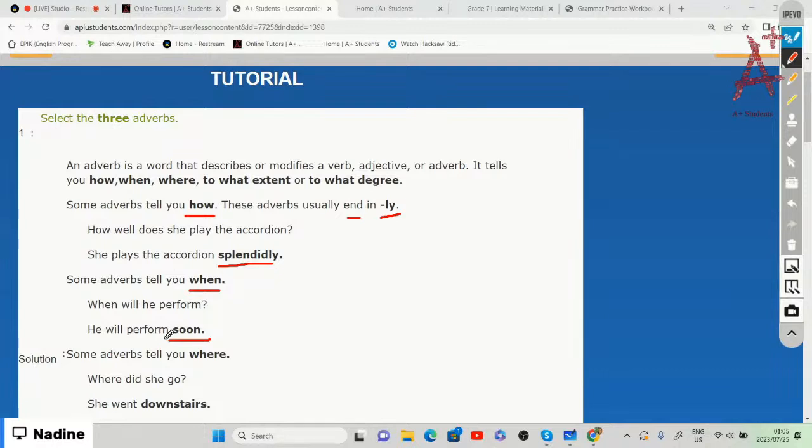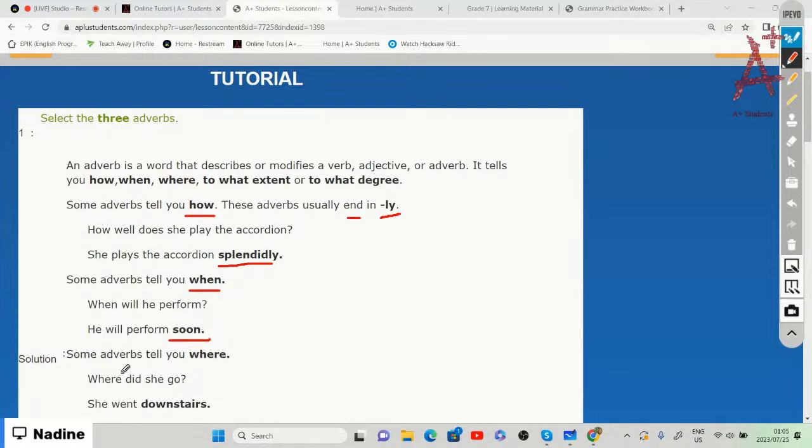In this case, soon tells us when. It doesn't have to be like Wednesday, 5 o'clock, 3 o'clock. No, it can be soon, later, tomorrow. These are all adverbs that tell us when.